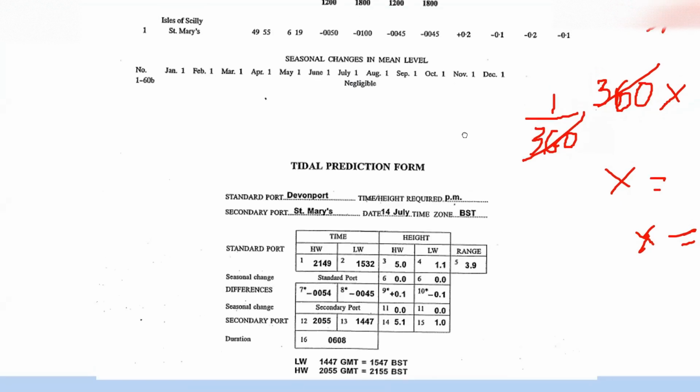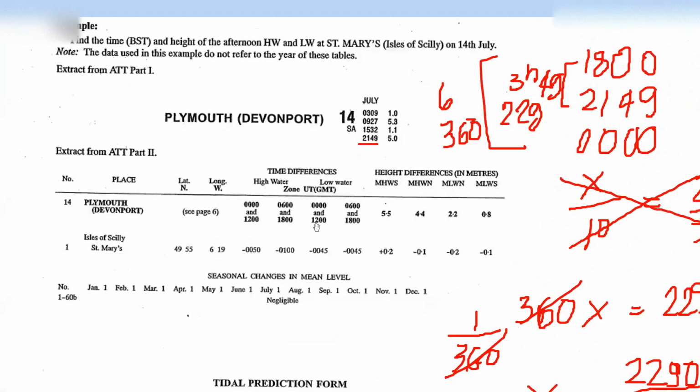Bakit? Okay, I'll show you. So here, 1800 is equal to negative 0 hours and 45 minutes. And here, 0000 hours, the equivalent is the same. So, kailangan pa bang interpolate natin o hindi?